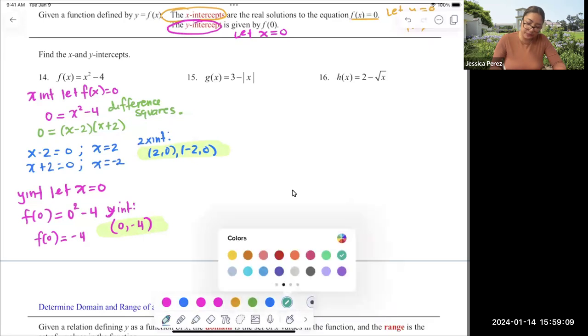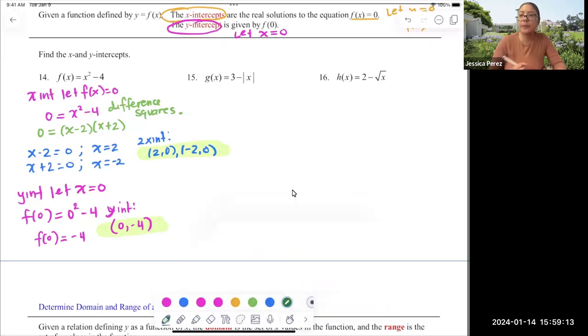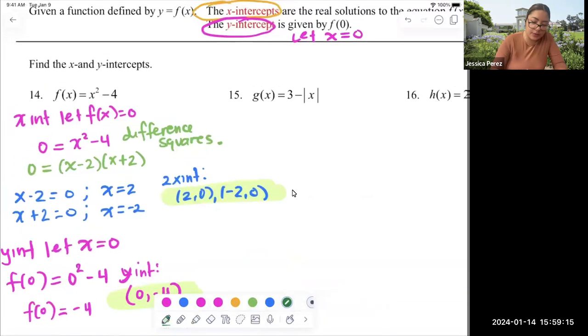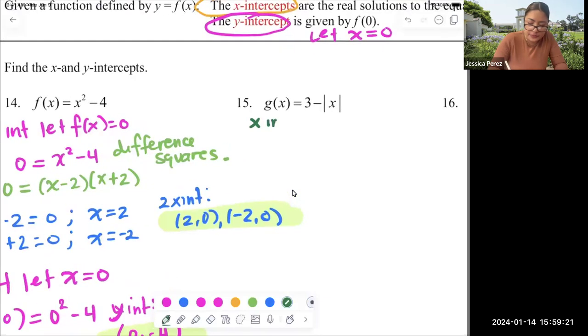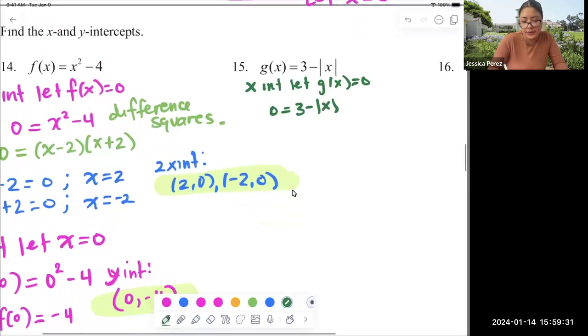Hopefully we're getting the gist of this. Same thing. Now we want to find the x-intercepts. We let g of x be equal to 0, the function. So we have 0 equals 3 minus the absolute value of x.